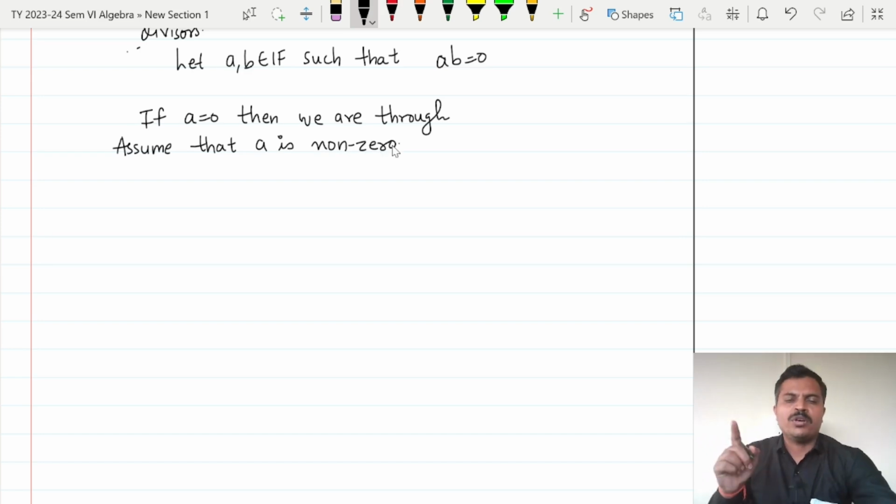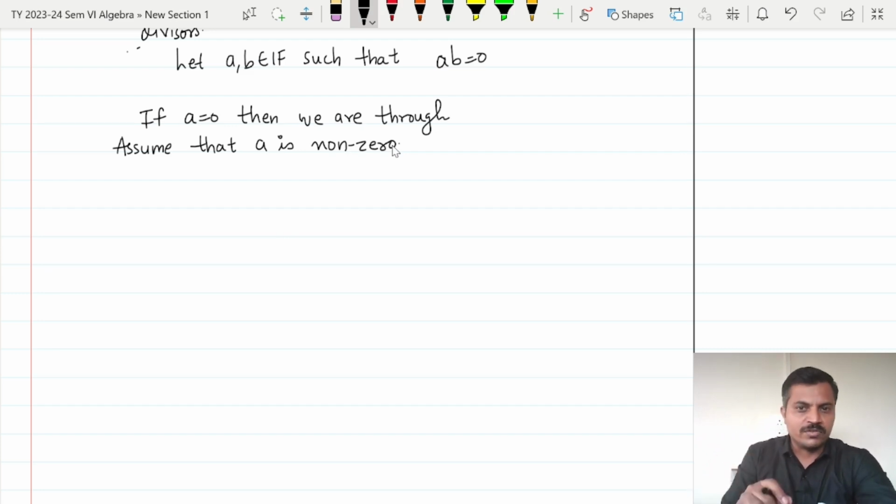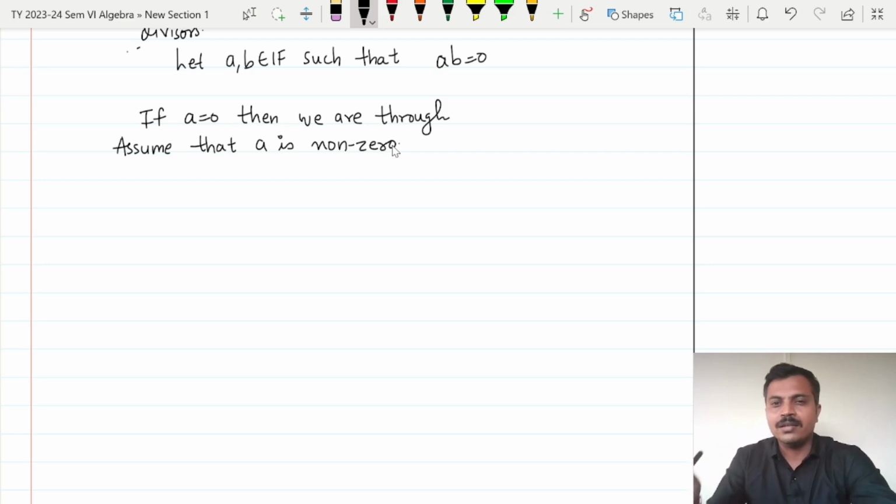Remember, we wanted to prove A is equal to 0 or B is equal to 0, but right now we are assuming A is non-zero, so it becomes compulsory to show that B is equal to 0. Now our ultimate aim is to show B is equal to 0.